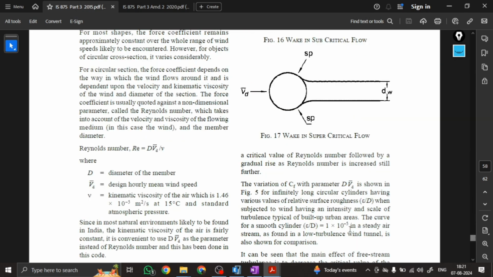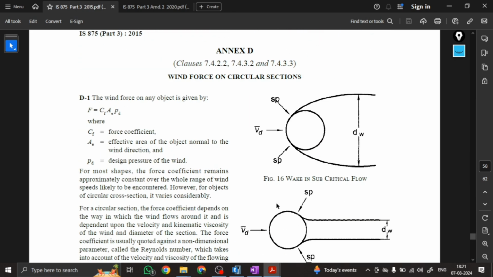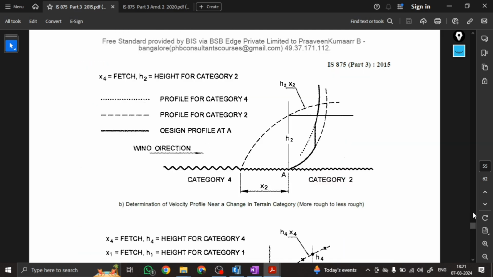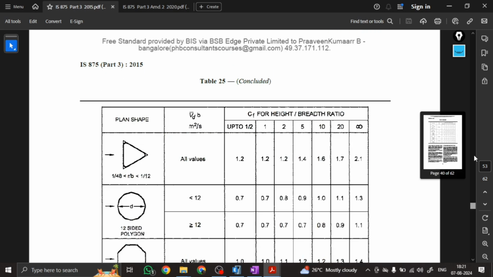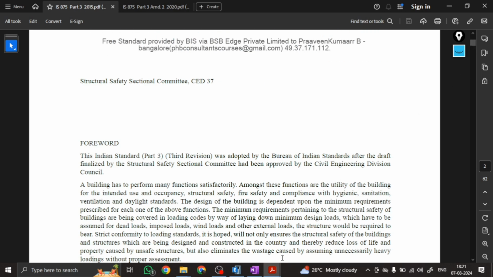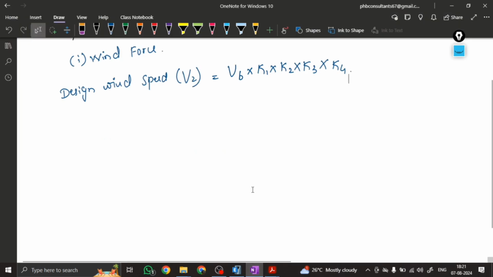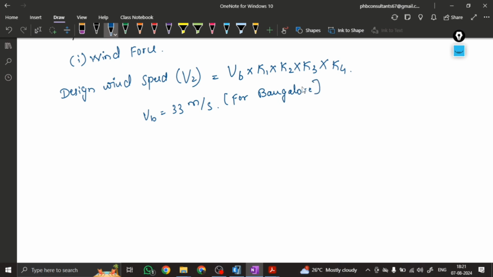So let us see here in Annex A. It's present in Annex A, Bangalore. 33 meter per second is our basic wind speed. So Vb is equal to 33 meter per second for the Bangalore region.